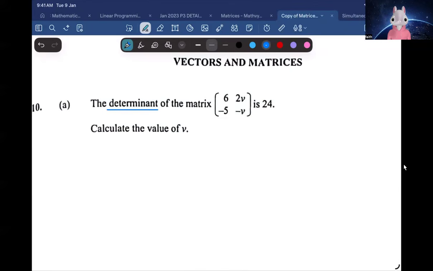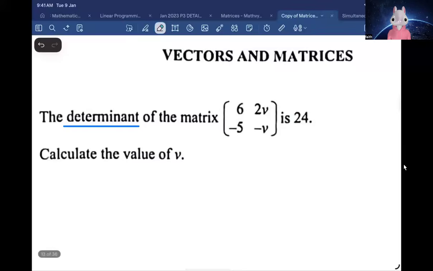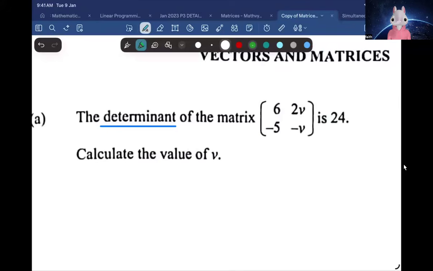You multiply the two diagonals and then minus the product of the other diagonal. Exactly. So I would say 6 by -v, minus 2v by -5.